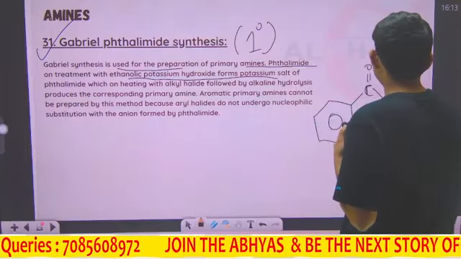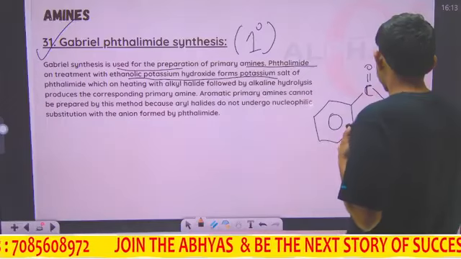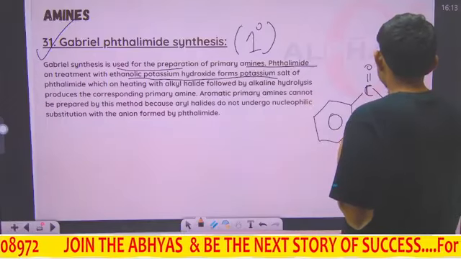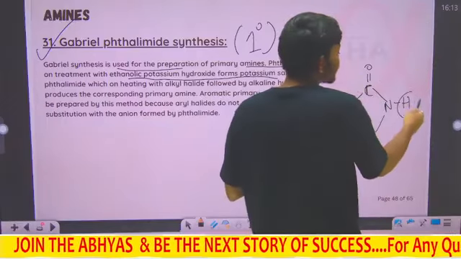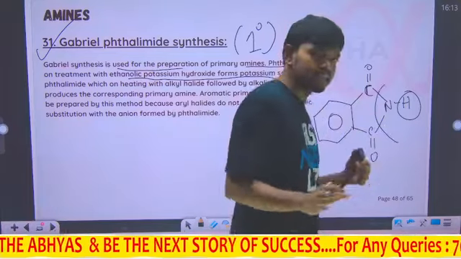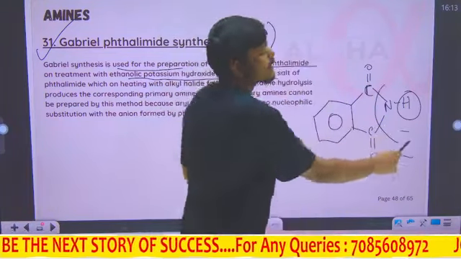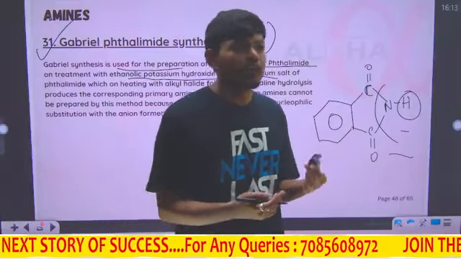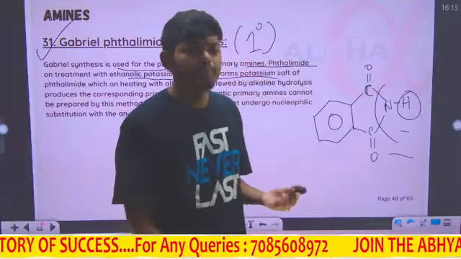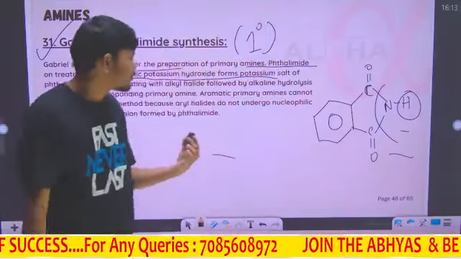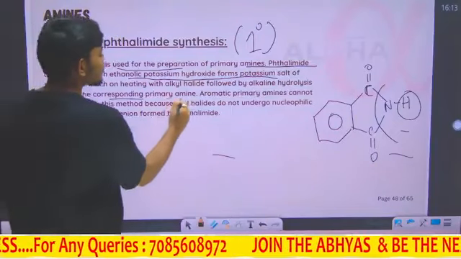It basically contains nitrogen attached to the ring. See, so you can just replace this and detach this. That's it. You will get your desired 1 degree amine. You replace this with any alkyl group, CH3, methyl, ethyl, propyl group, butyl group, anything you can have there. So it produces the corresponding primary amine.